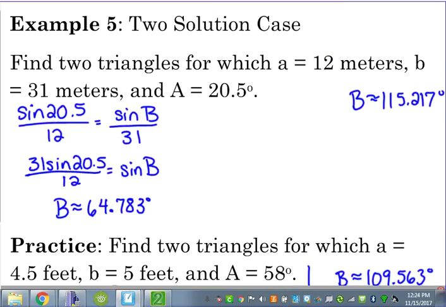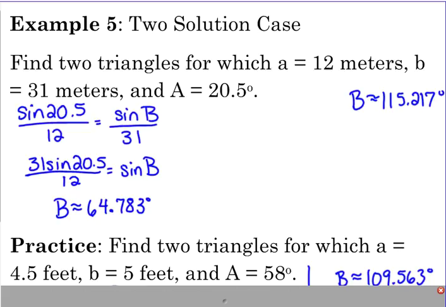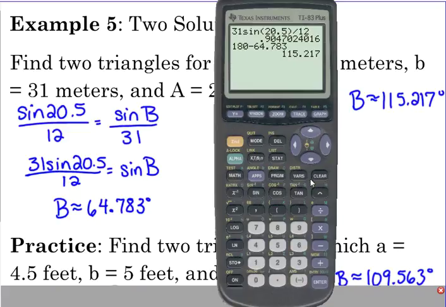It can be an acute angle and it can be an obtuse angle. Either one of those will work to build this triangle. So I've got two cases. I'm going to finish solving the triangle with this one, and then I will finish solving the triangle with the other one. And I'll show you that both of them do work.